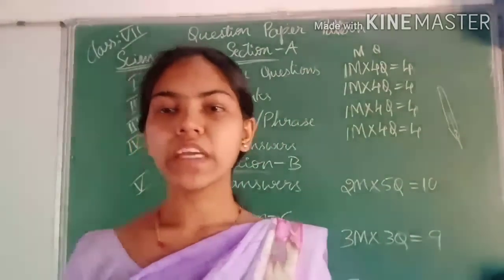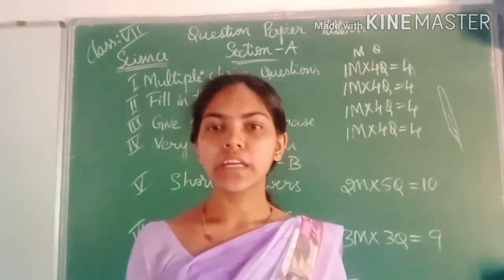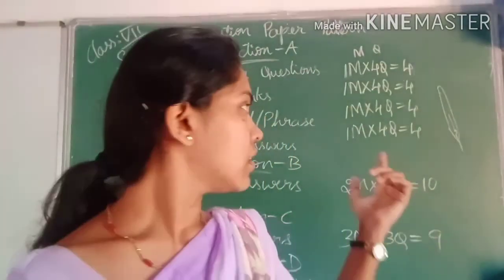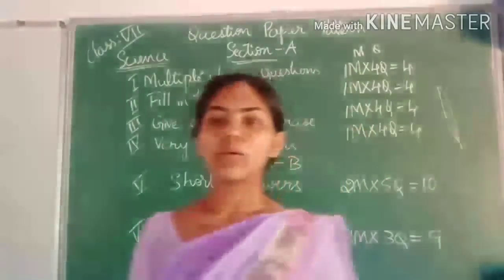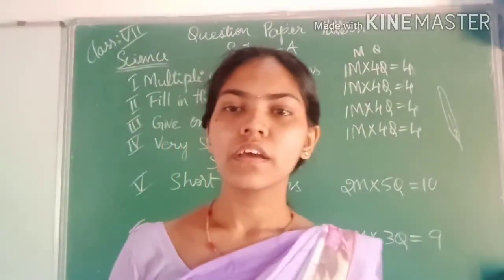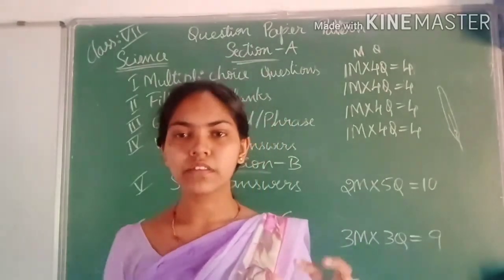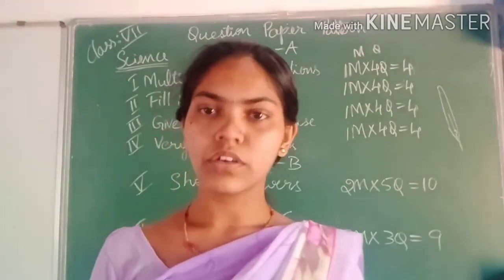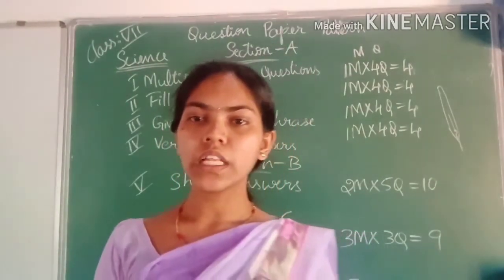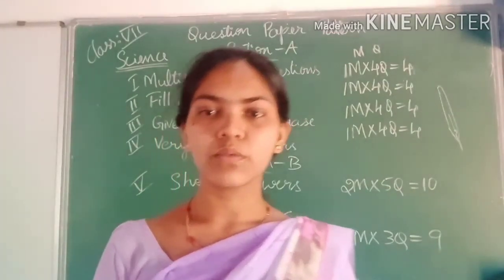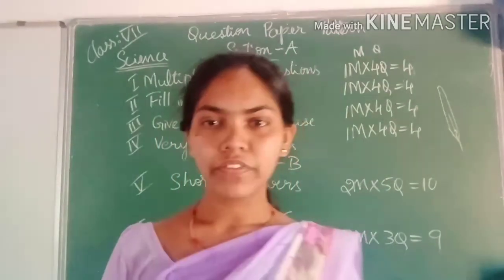Commonly we use a thermometer which has the liquid mercury, but in cold regions, in the cold places, we use a thermometer which has alcohol. So why do we prefer alcohol thermometer in the cold places? What is the reason? That type of questions may come.